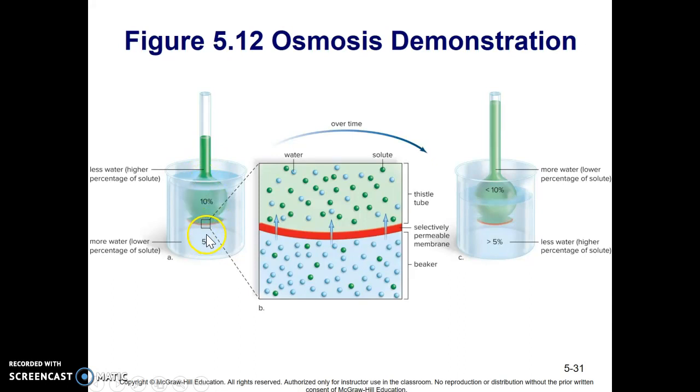So over time, water will enter, and sure enough, we'd be able to see this line of liquid increase. Do you notice anything about the intensity of green over time? Well, sure, it's dark over here and it's lighter over here because water has entered and has spread out those green solute molecules.